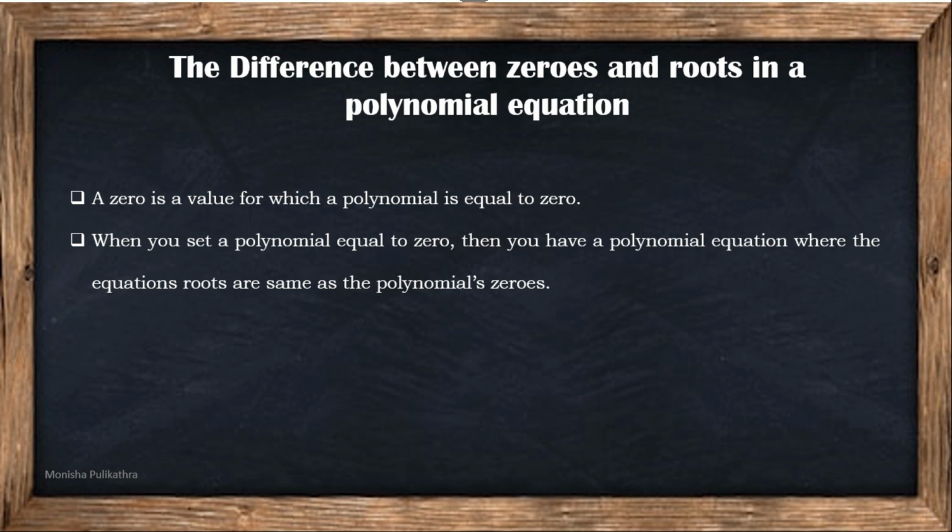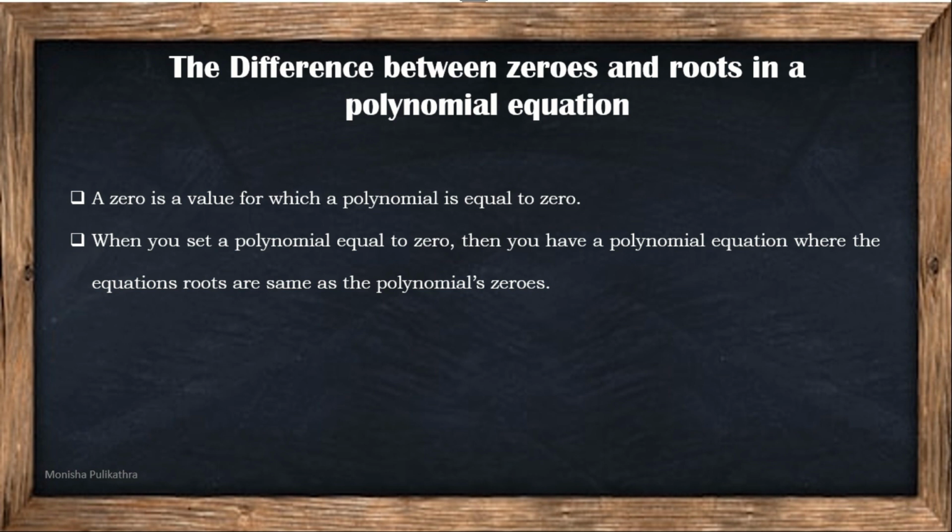The zeros of a polynomial are given for an expression. If the degree is 2, the number of zeros will be 2. Then, if you set a polynomial to 0, you are changing an expression into an equation by equating it to 0. After solving, whatever x values you get are said to be the roots of that polynomial equation.